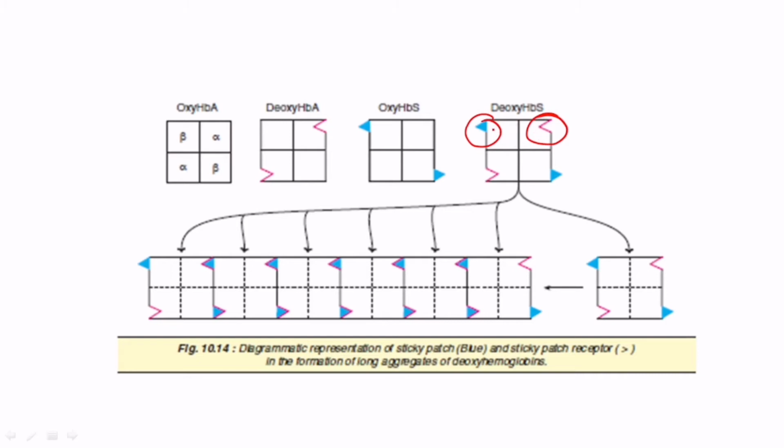And due to this sticky patch and sticky patch receptor, deoxyhemoglobin S forms aggregates in order to form a polymer.